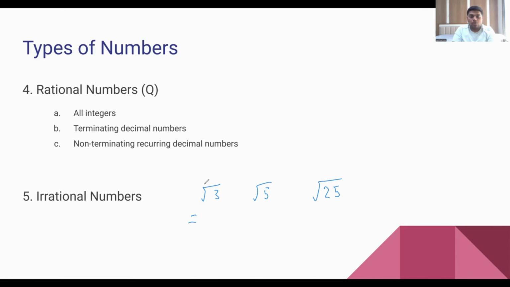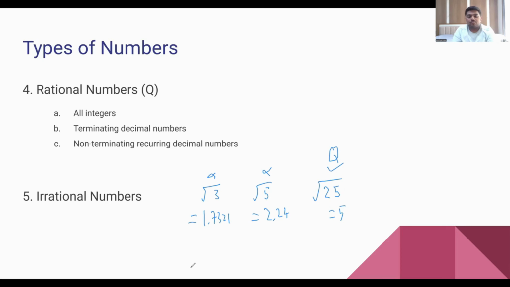Root 3 is equal to 1.7321. Root 5 is equal to 2.24 something. But root 25 is equal to 5. So this is a rational number and these are the irrational ones. So irrational numbers are of this form in the square roots.